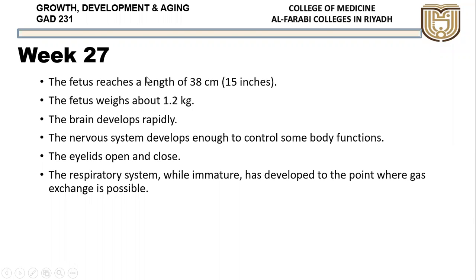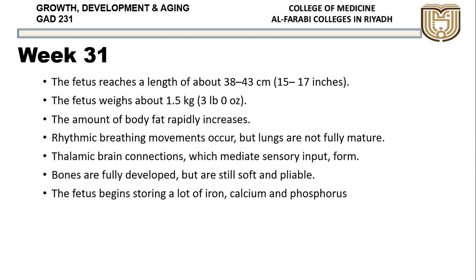By the 27th week, the fetus has reached 15 inches, and the weight is almost 1.2 kilograms. This is the 1.2 kilogram stage, and the brain and nervous system start developing. Okay, and the eyelids open and close now, and even the respiratory system, though not mature enough, allows some exchange of gases if it comes to this world.